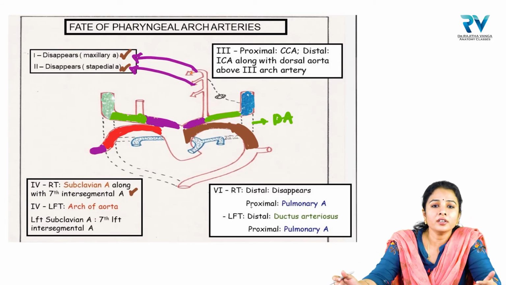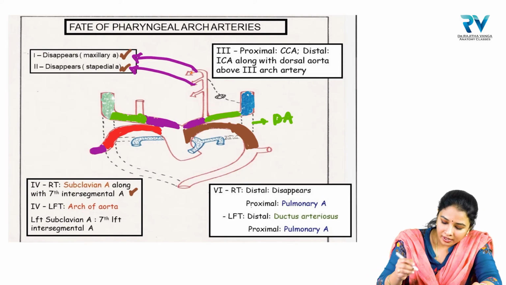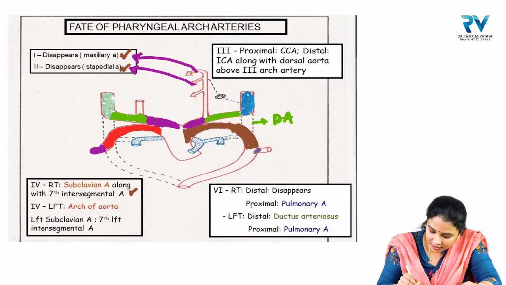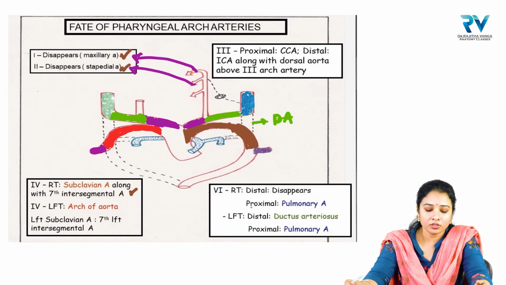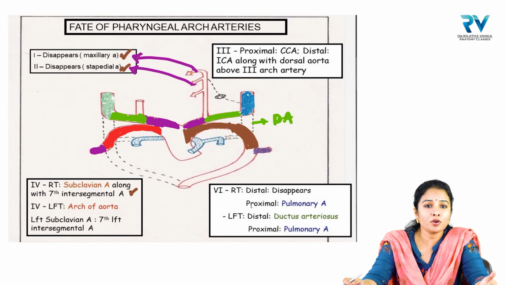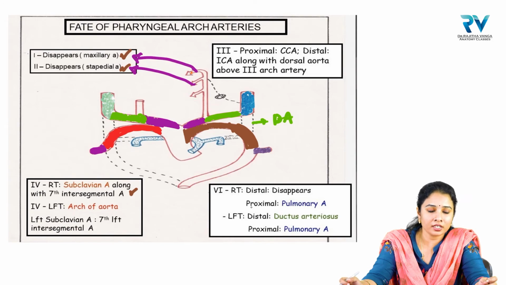Then what about the left subclavian artery? Left subclavian artery is derived from the seventh intersegmental artery. So this part is derived from the seventh intersegmental artery. So that is about the derivatives of the fourth arch artery, and we know the fifth arch artery completely disappears and disintegrates, and only the sixth arch arteries remain.